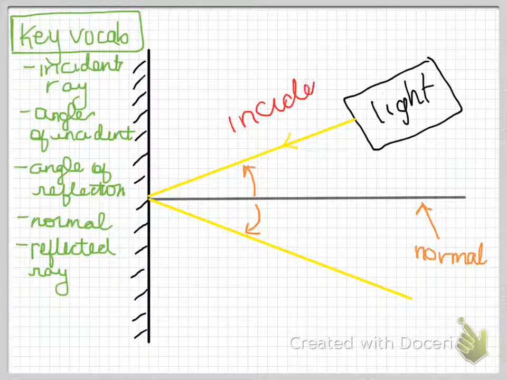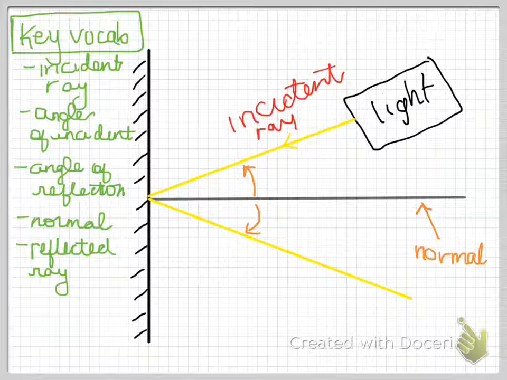There's the incident ray, and it's shown by the directional arrow, showing it's coming from the light source into the mirror. You'll notice that the mirror has lines on the back of it. That shows that's the back of the mirror versus the front of the mirror.